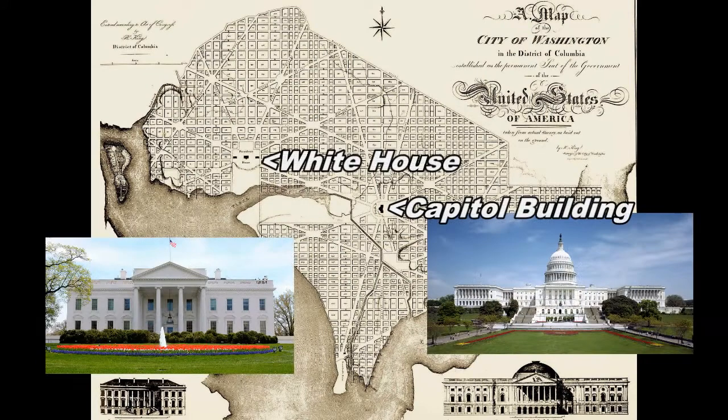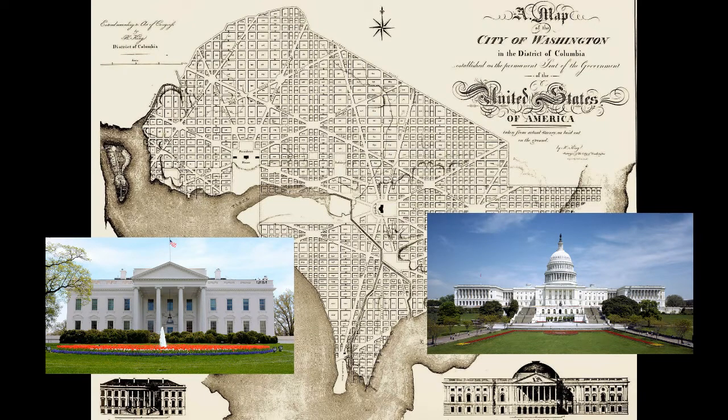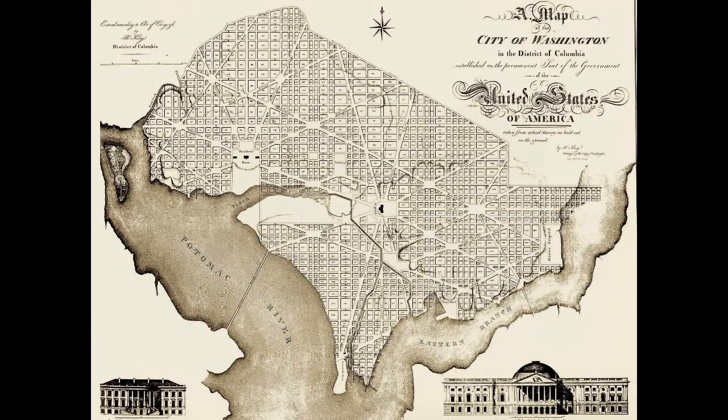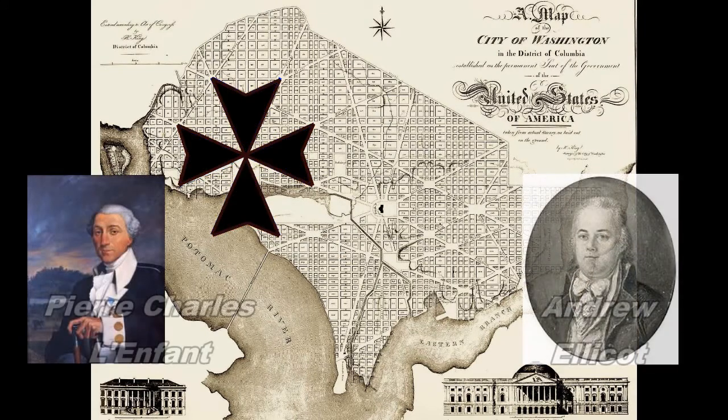Now, back to one of the original designs for Washington, and in the bottom you can see also the original White House design and the US Capitol design, the US Capitol being at the center of this geometric plan. The geometry itself contains quite a bit of symbolic, but also some much more important information.